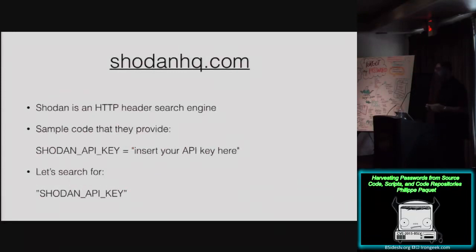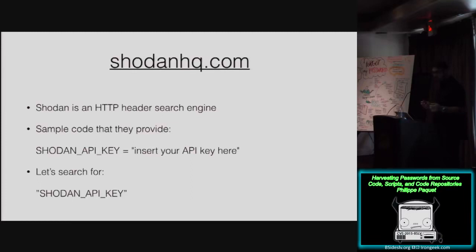Shodan HQ. Shodan is an interesting example because it's a tool really geared towards the security community. It's a search engine that allows you to search in HTTP headers. What that allows you is to find and identify devices on the internet. If you want to search for a specific brand of router, you can use Shodan for that. Because that's geared towards the security community, you would expect the results to be a lot better.